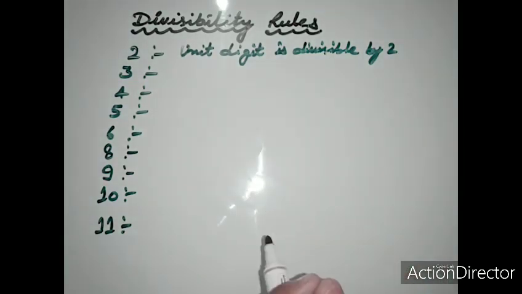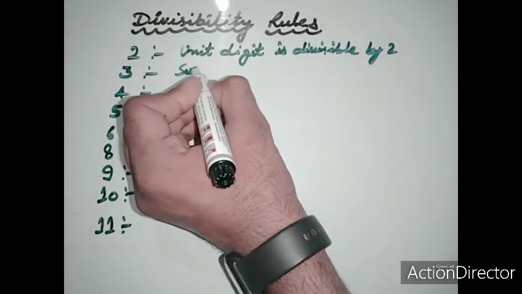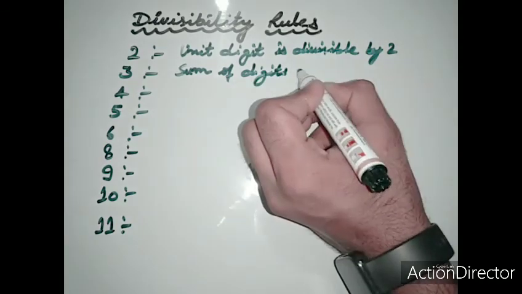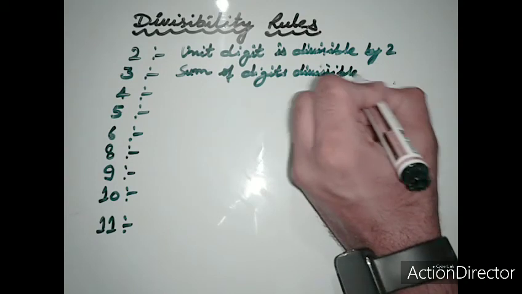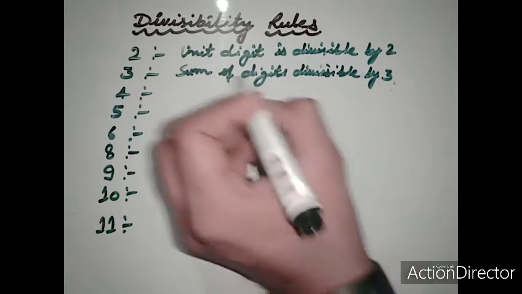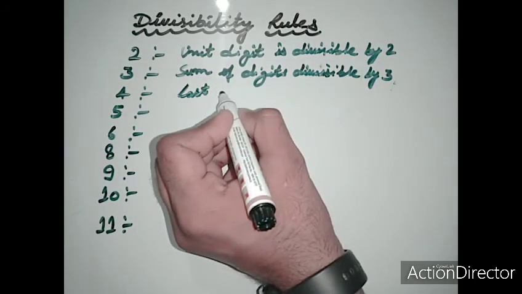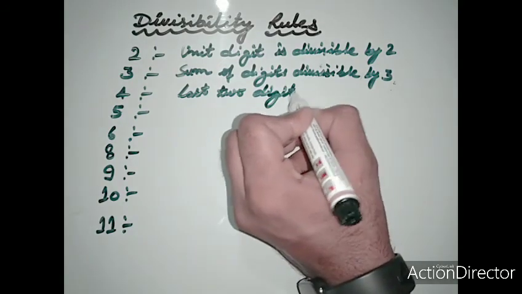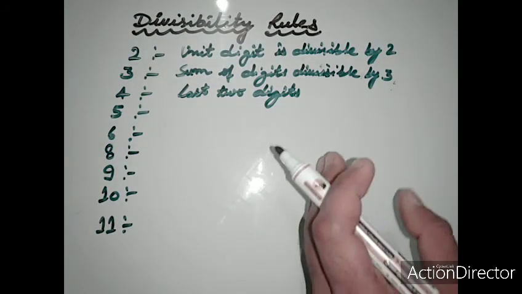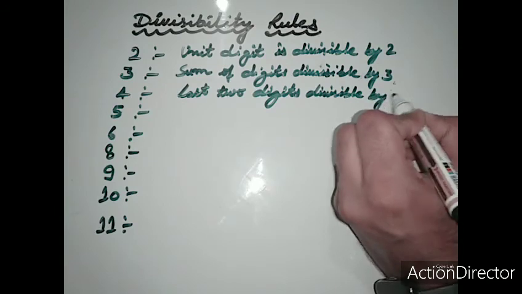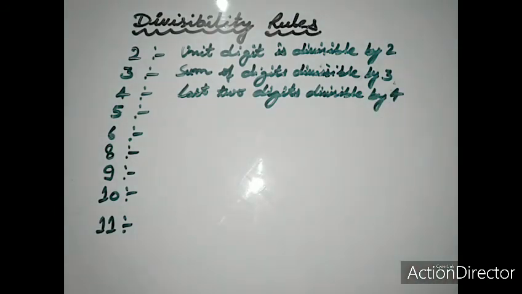Now divisibility rule of 3. If the sum of digits in the given number is divisible by 3, we say that the whole number is divisible by 3. Now divisibility rule of 4. If the last two digits, or unit digits forming a number of ones and tens digits, are divisible by 4, we say that the whole number is divisible by 4.